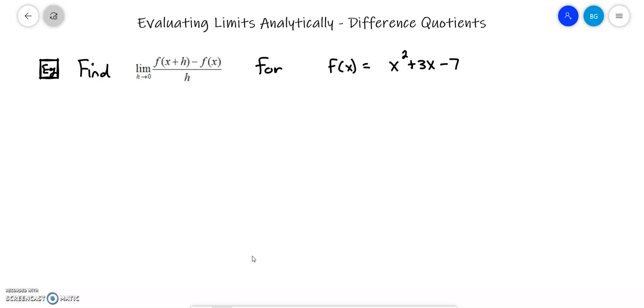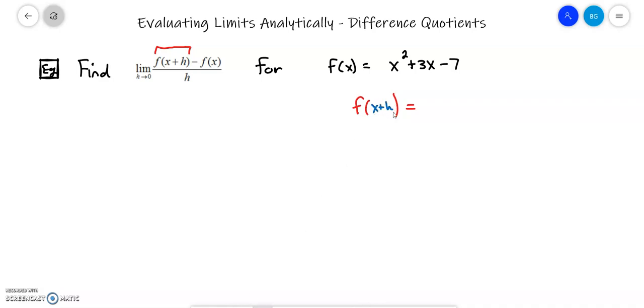So maybe we should go through and remember what this really means. How do I find f of x plus h if I'm given a function f? We'll come off to the side and do that. Remember, when I'm finding f of something, it just really means plug that something into my function. So maybe I'm going to color code this blue.